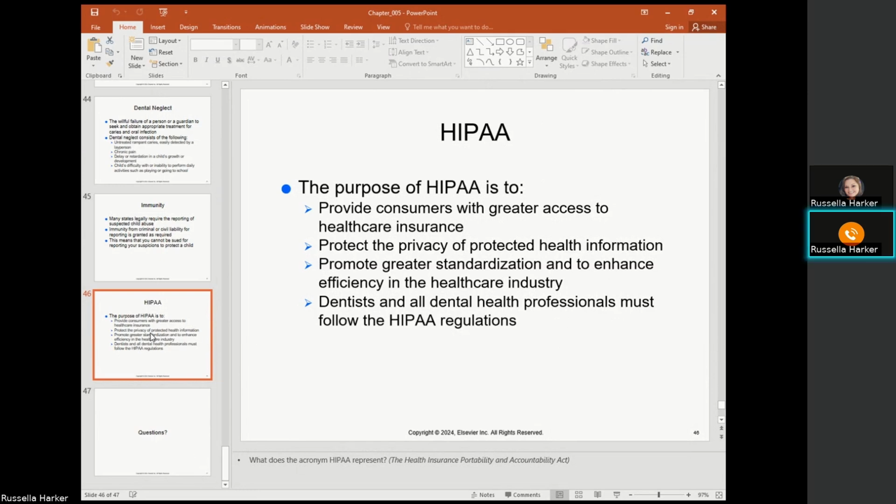Well, in your new job, they can't ask you questions about your health to disqualify you from their health insurance plan. So you're able to change jobs and port over your insurance to your new employer. In the past, you were disqualified from new health insurance plans because of your medical problems.